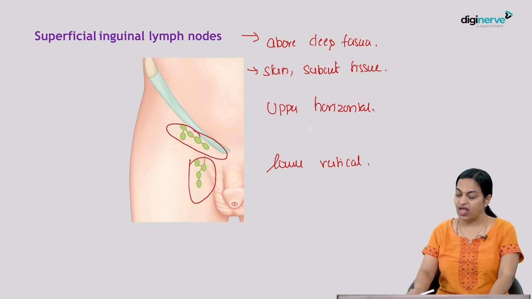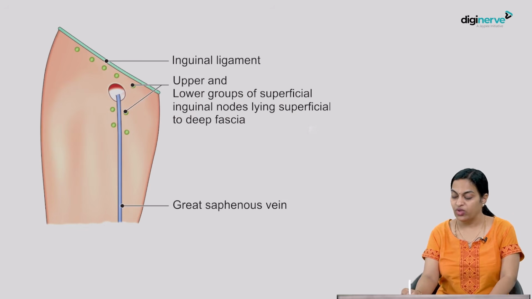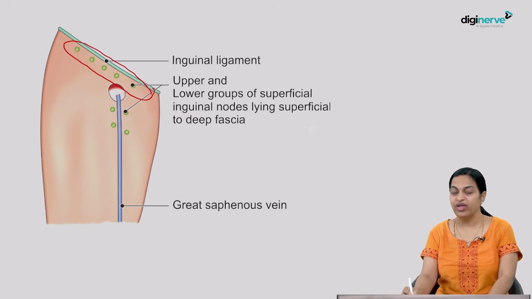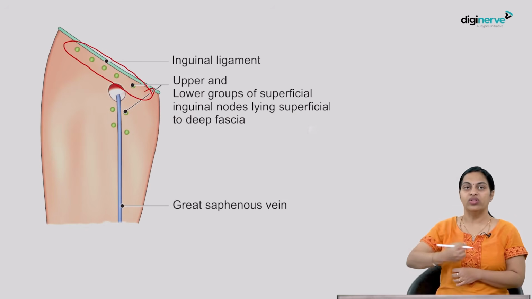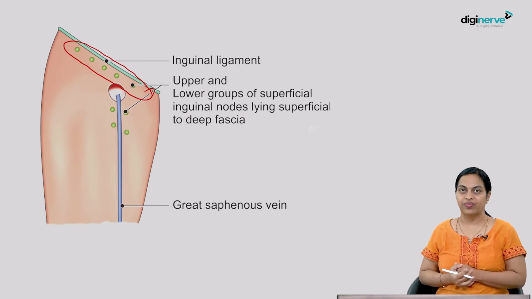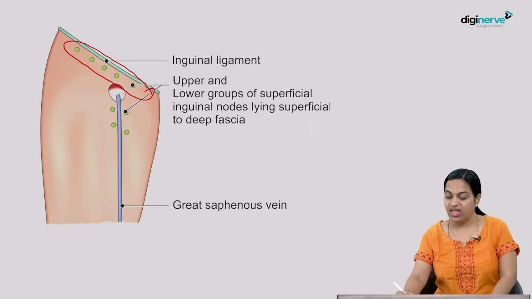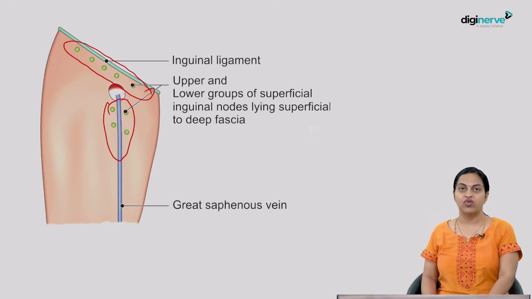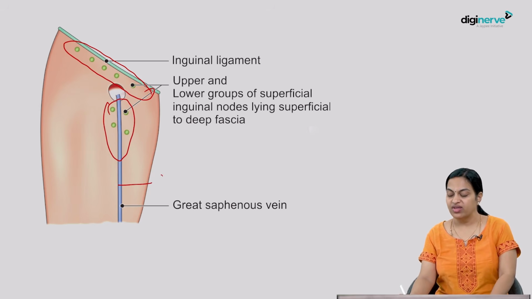The upper horizontal group has around 5 to 6 nodes arranged in a chain below the inguinal ligament. And the vertical group is placed on either side of the great saphenous vein.